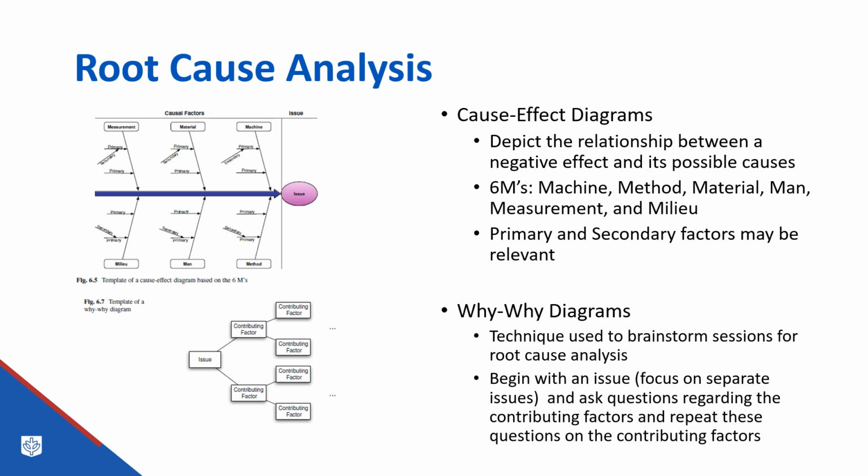Primary and secondary factors may also be relevant to those for the cause and effect. On the left, you can see the 6 M's and then also primary and then secondary factors linked into the issue, which is that solid area and a solid blue arrow, and then the issues on the right.